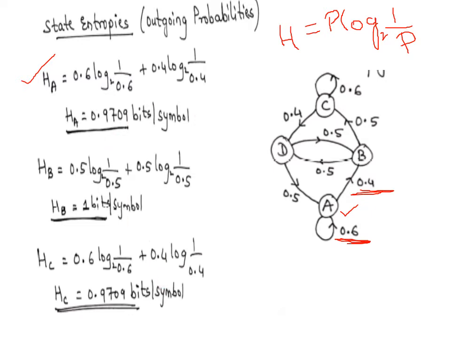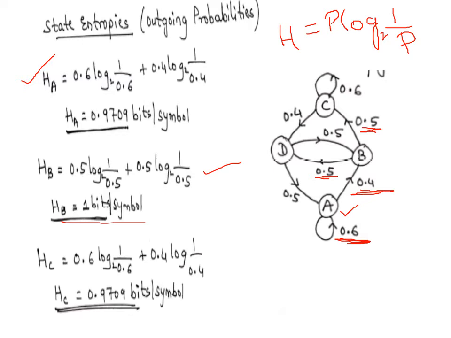So the outgoing probabilities at state B are 0.5 and one more outgoing is 0.5. Therefore, we can write the equation as 0.5 log of 1 by 0.5 plus 0.5 log of 1 by 0.5 to the base 2. Hence we obtain H of B as 1 bit per symbol.